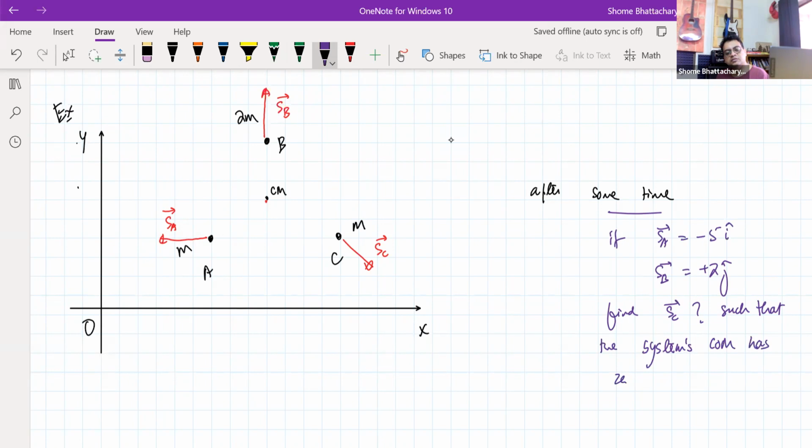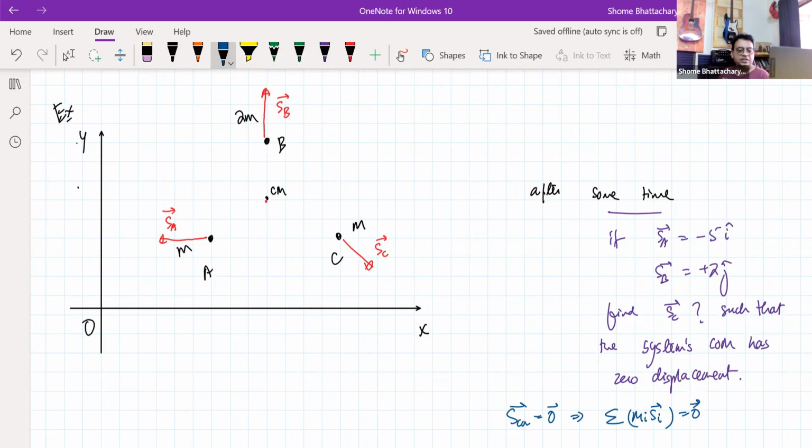So that has zero displacement. So it's very easy here. What you'll have to do is displacement of center of mass is zero, means that summation of mass into displacement should be zero.